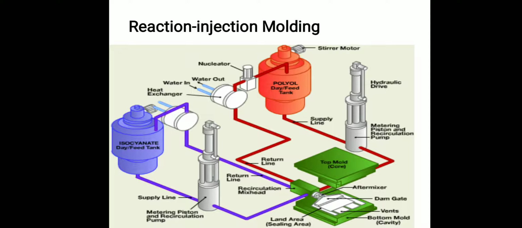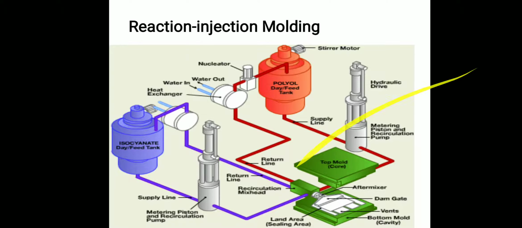So, through that process, large parts can be manufactured. That process requires a very low tooling cost. For example, car bumpers are manufactured with the reaction injection molding process.